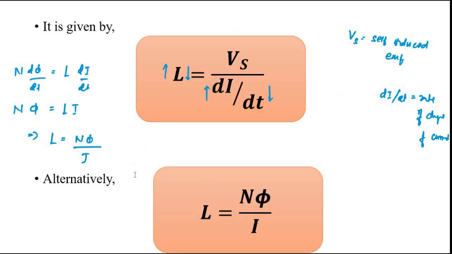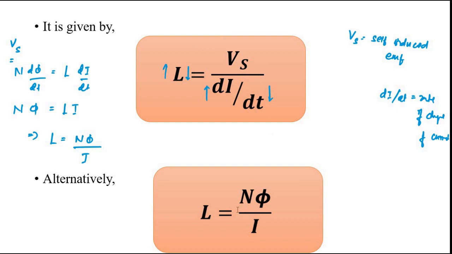So this is another expression for inductance, N phi by I. These are the two expressions of self-induced EMF, N d phi by dt or L di by dt. Here I am not using the negative sign because it will get cancelled automatically on both sides. So this is one way of expressing inductance, and this is another way.